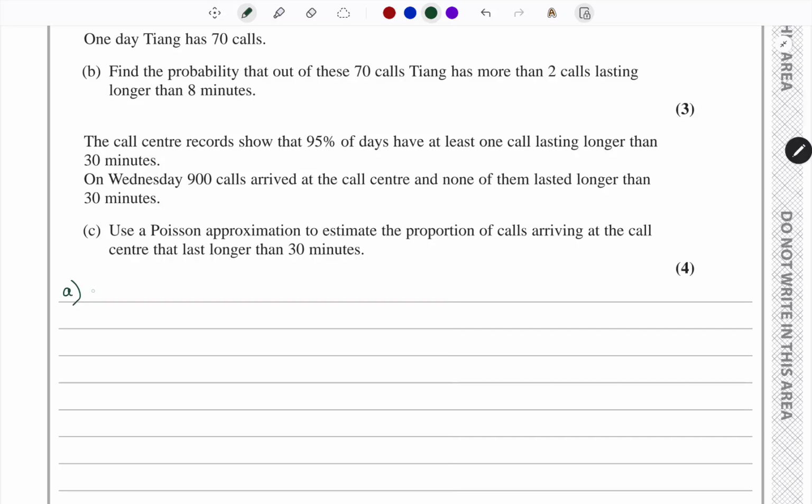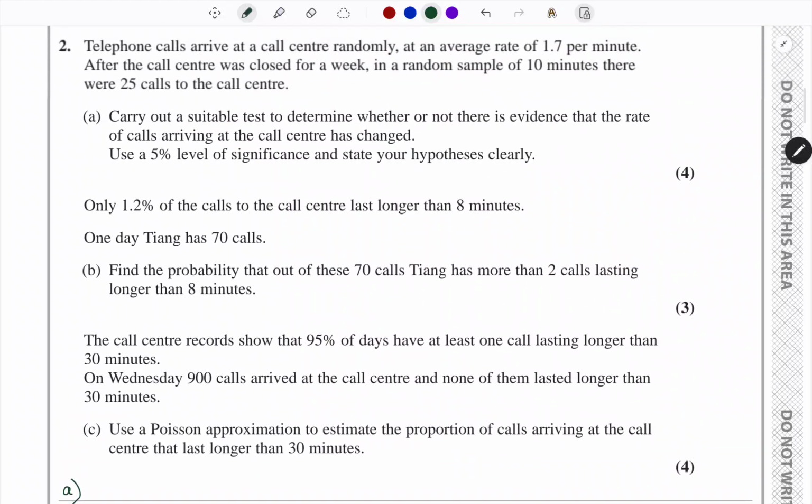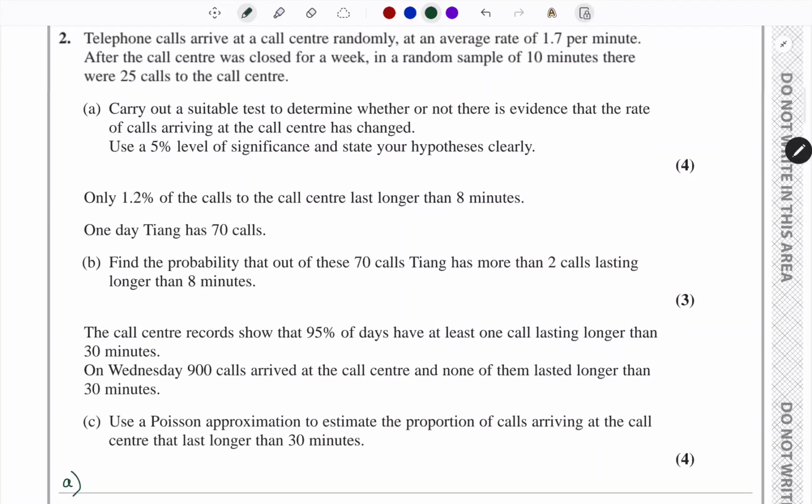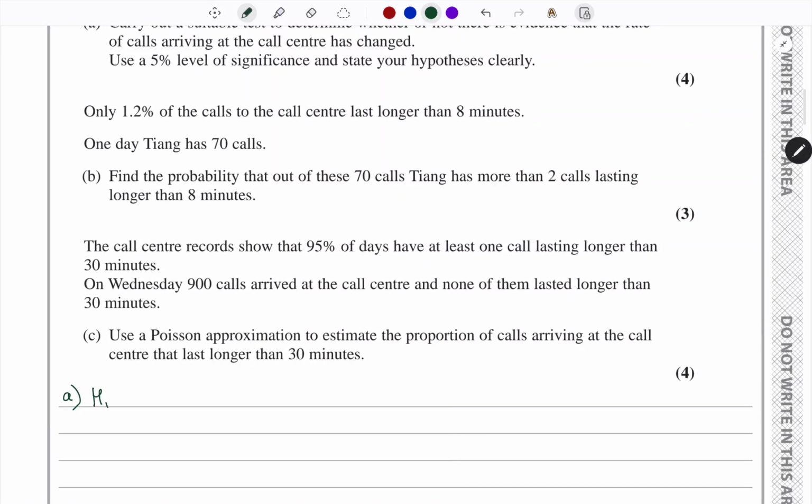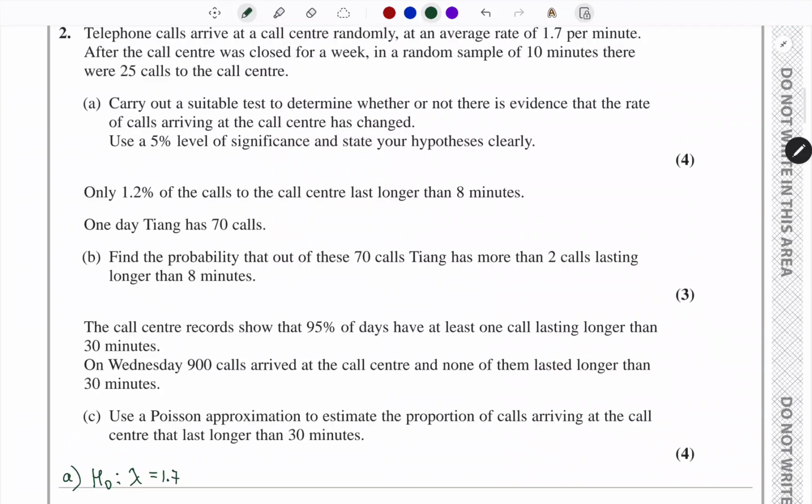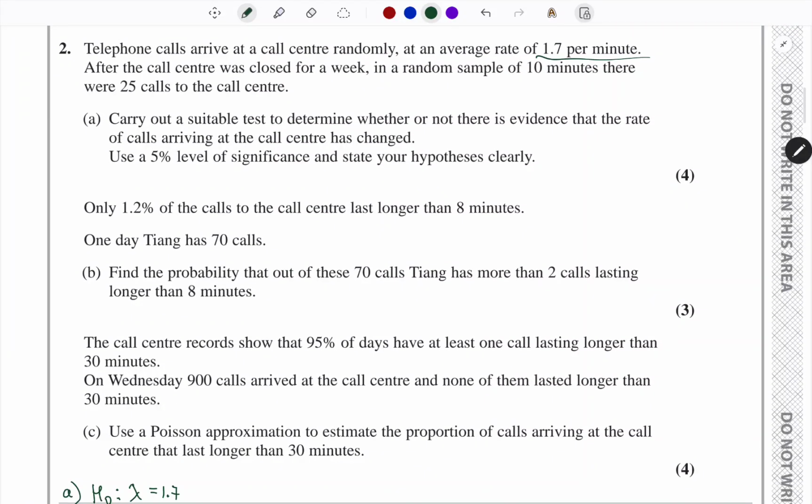So part A of the problem. We have a null hypothesis that lambda, the rate, is 1.7 per minute.